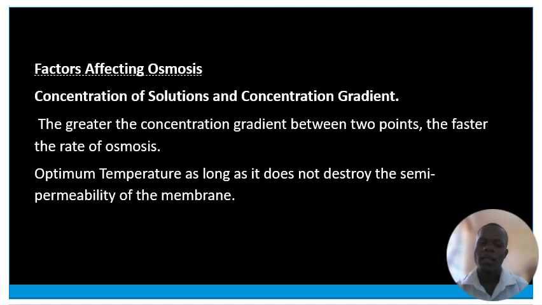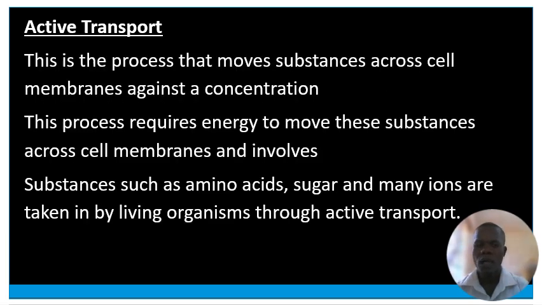This means that when these solutions differ, they affect osmosis. Another factor is optimum temperature, as long as it does not destroy the permeability of the membrane. So optimum temperature also affects osmosis in some way.